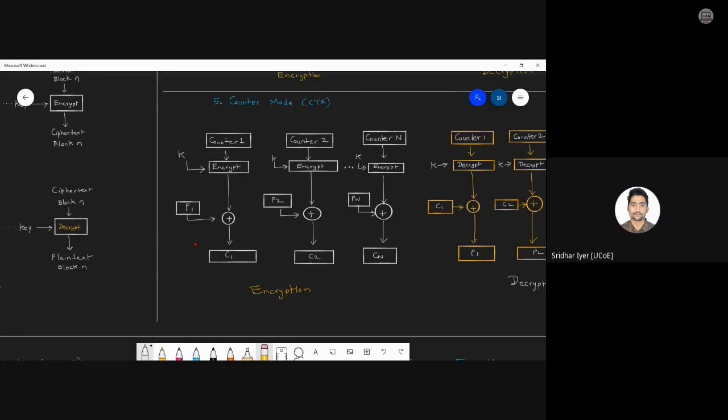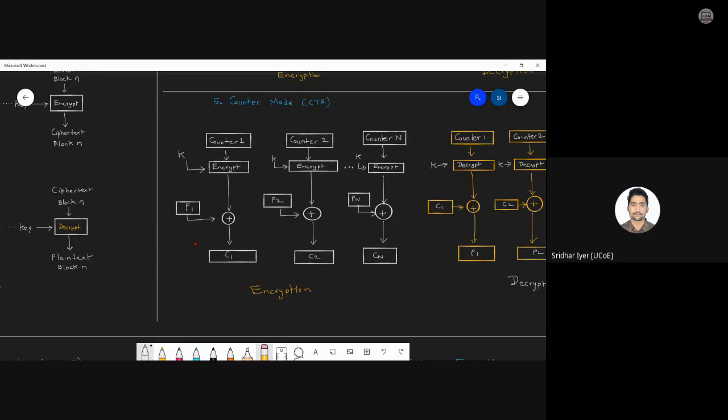A replay attack is one where the attacker may try to gain access to your communication by repeating whatever you had sent previously. For example, if I'm trying to access my Gmail account, I will be entering my user ID and password, and that will be sent to the server. So the attacker may anyhow gain access to the communication.